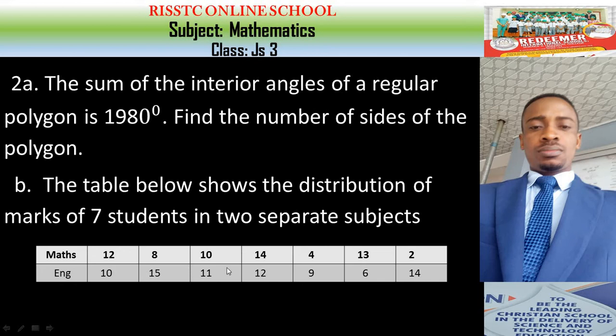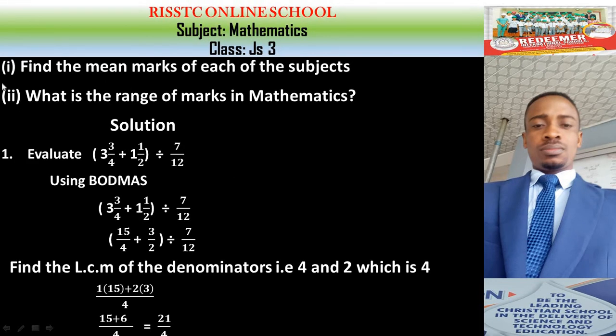This is the table referred to. Now we have to find the mean marks of each of the subjects. Also, what is the range of marks in mathematics? Now let's solve all these problems together.